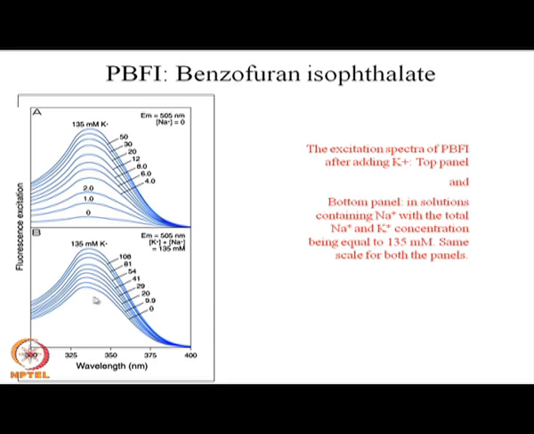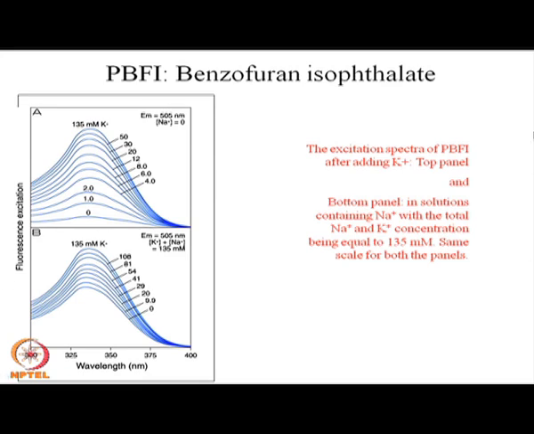So you see that there are some changes. Maybe some of the sodium ions are getting incorporated, but mostly potassium is more effective here than sodium. So you see that PBFI and SBFI are more or less very selective to potassium and sodium ion respectively.